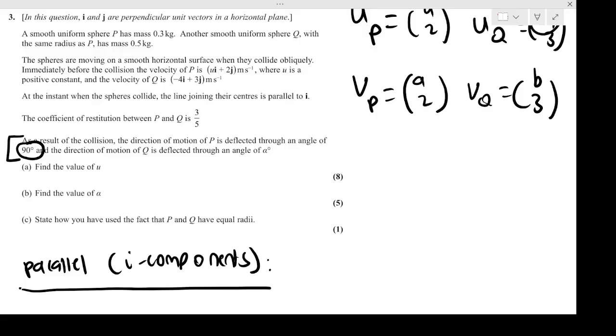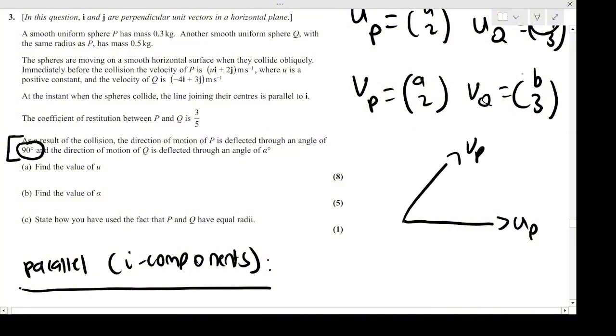And as we have seen, the angle deflection is going to be the angle between the two velocities. So for P, let's say UP looks like that, and then VP is going to look like that. So the angle of deflection is the angle between them, but hang on, it's actually 90 degrees. So these two velocities are going to be perpendicular. Hopefully you remember how we can deal with two perpendicular vectors from core: their dot product is going to be 0.